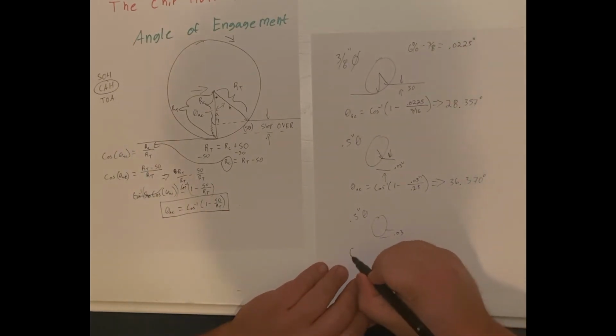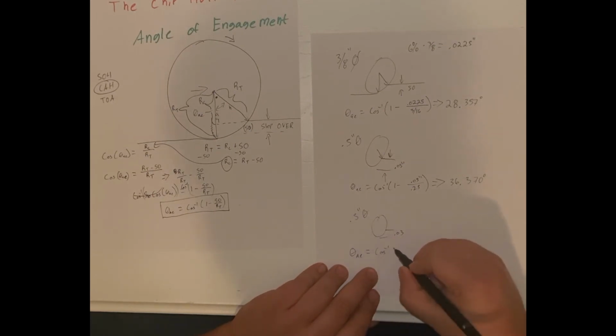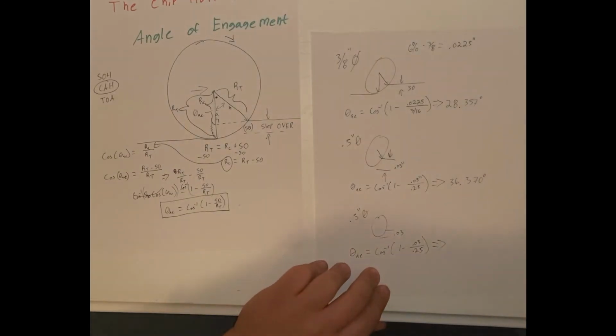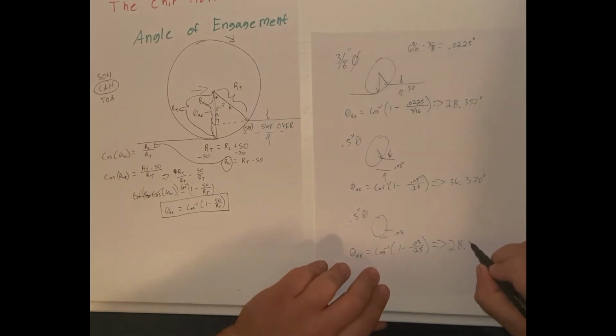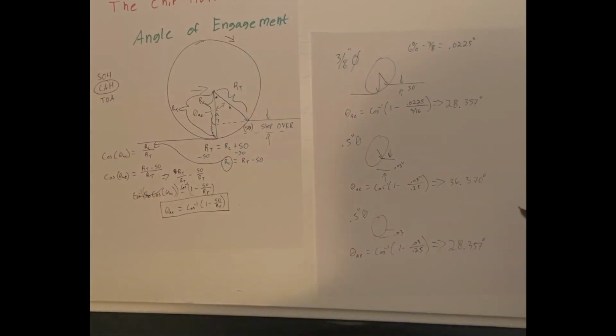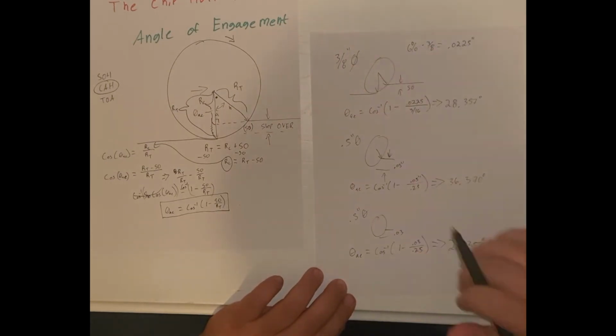If you do cosine inverse of 1 minus 0.03 divided by 0.25, you get 28.357. I should probably round it up because of the other decimal places, but you get the same angle of engagement for two different tools.